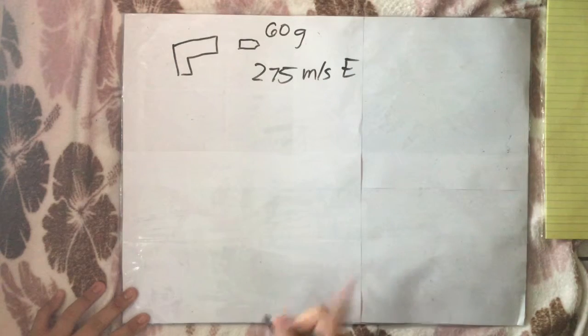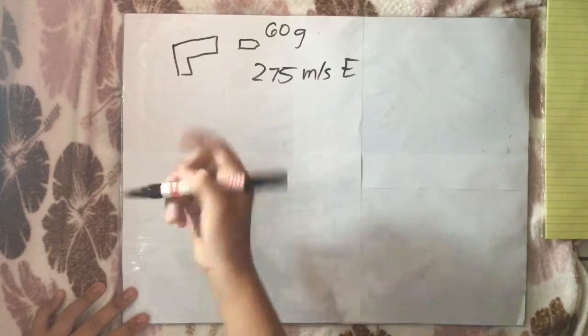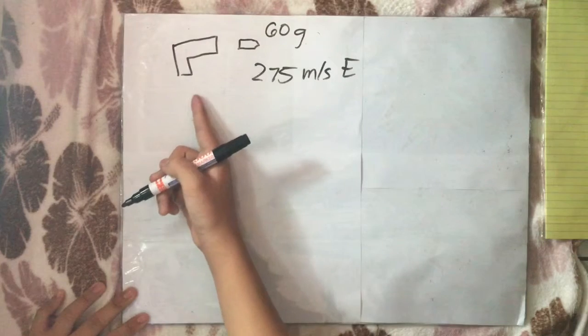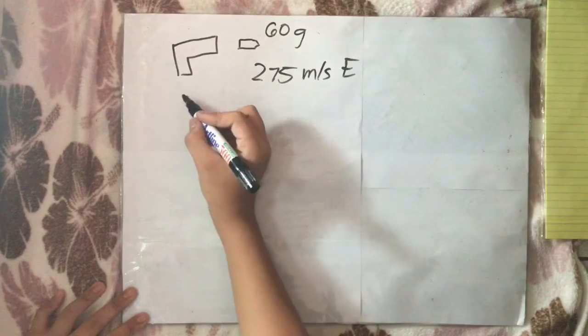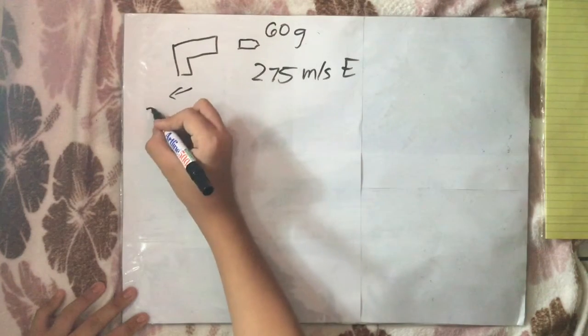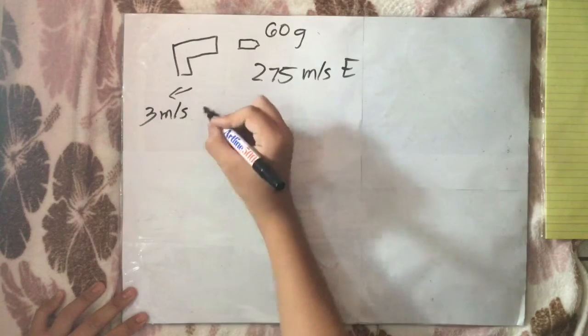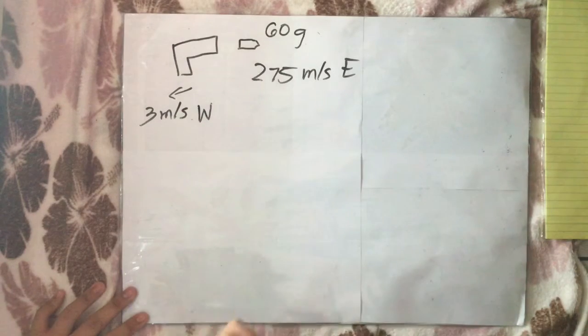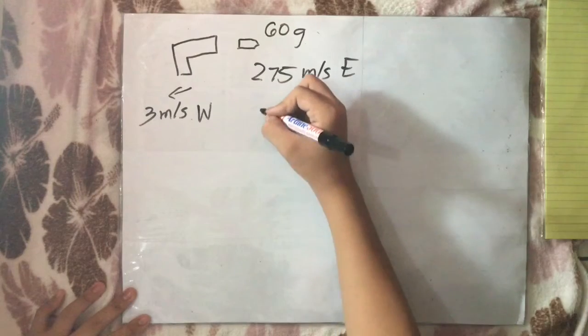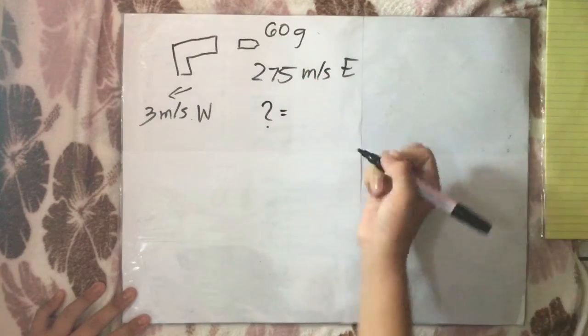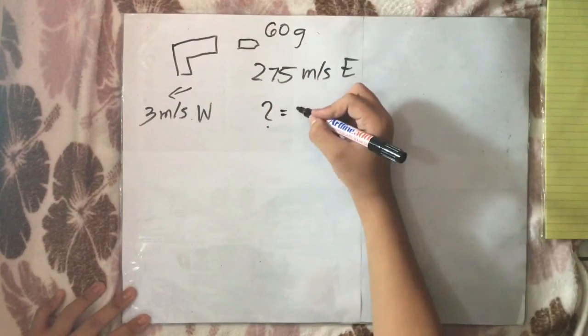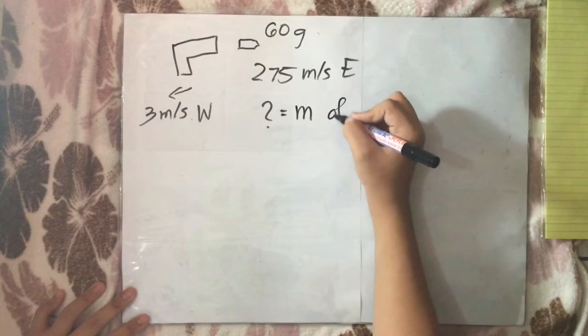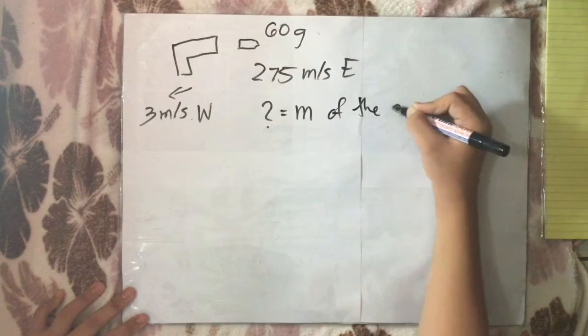And then after firing a shot, the gun had a recoil velocity of 3 meters per second west. So the question is, what is the mass of the gun?